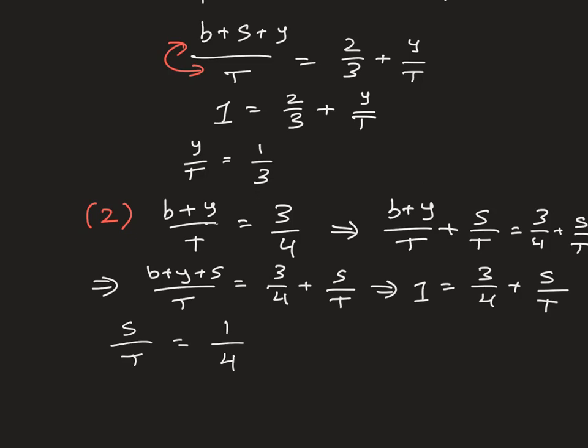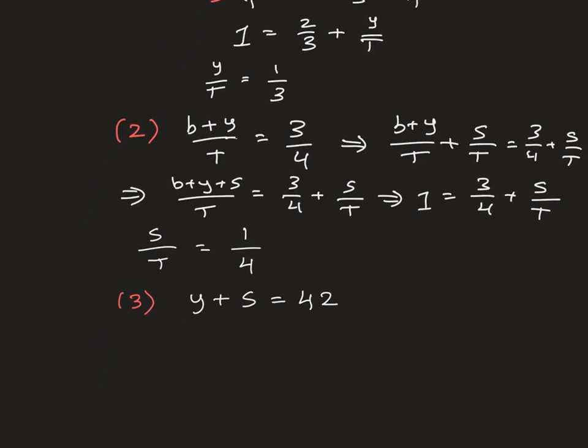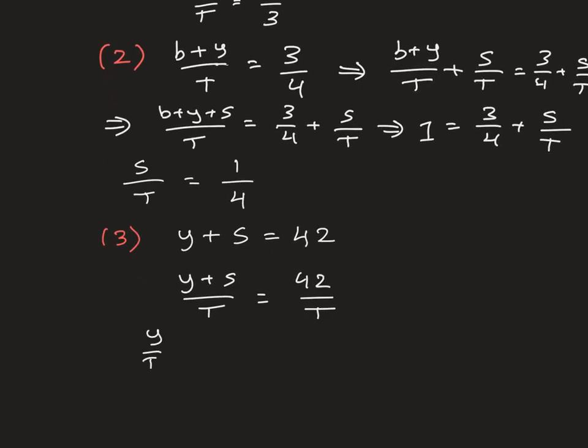Okay, and the third equation says that the number of yellow tokens plus the number of silver tokens is equal to 42. So let's divide everything by T. And we know what Y over T and S over T are.